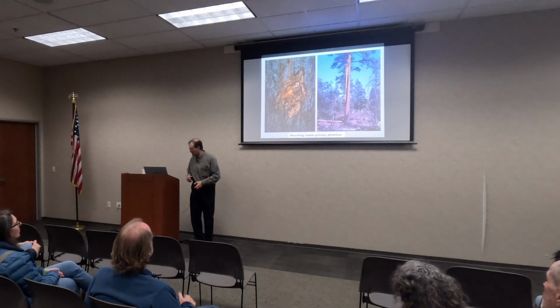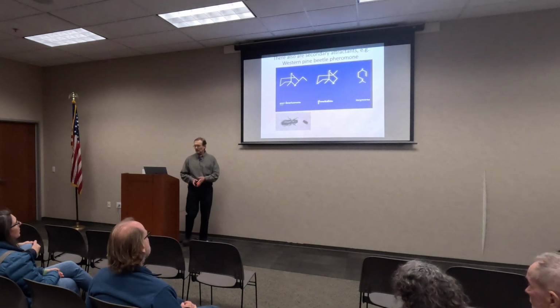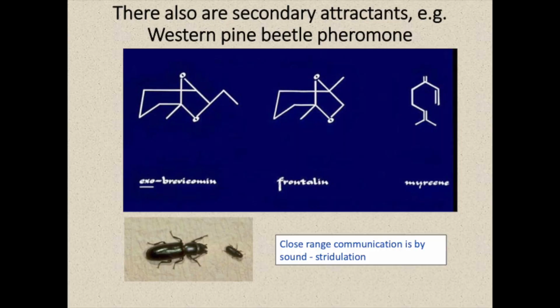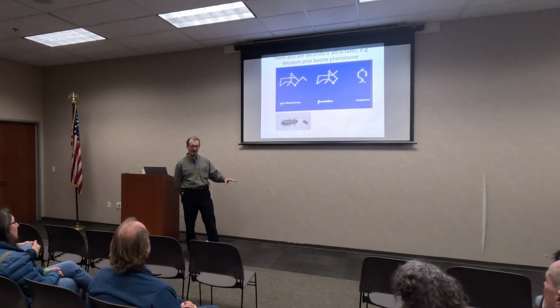The other form of communication that beetles use is called secondary attraction, and these secondary attractants are beetle-produced chemicals that the beetles use then to bring in additional beetles of the same species to colonize whatever it is that they're attacking, whether it be a standing tree or maybe even a recently cut down tree or a recently blown over tree or whatever.